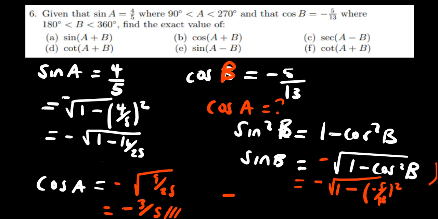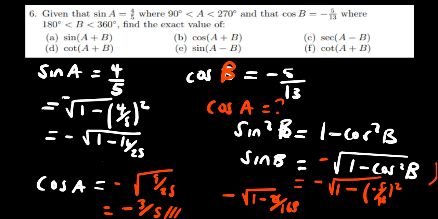So we're going to have negative the square root of 1 minus 5 squared, whether negative or positive, is just going to give us 25, divided by 13 squared, which gives us 169.